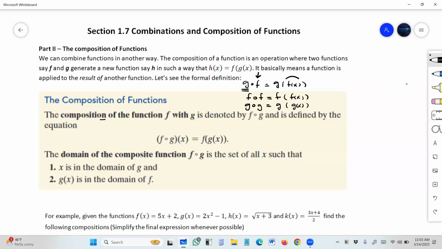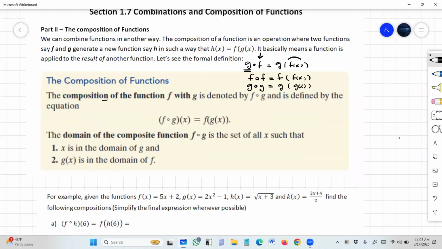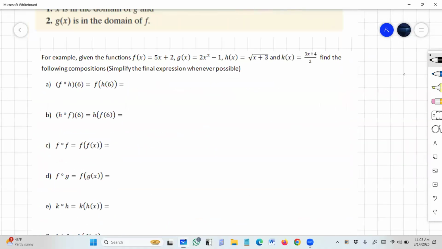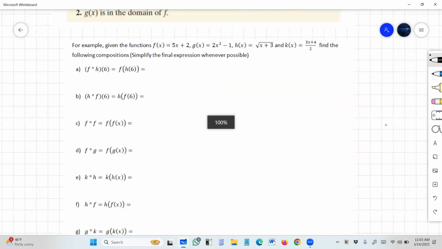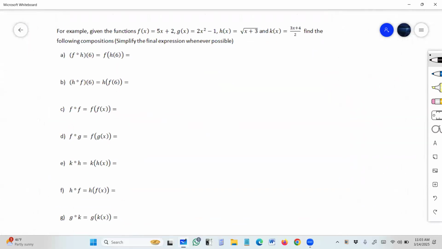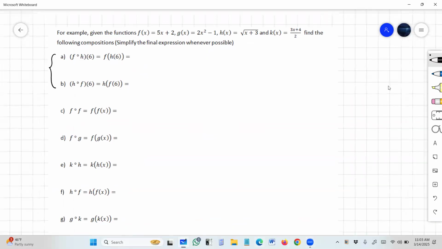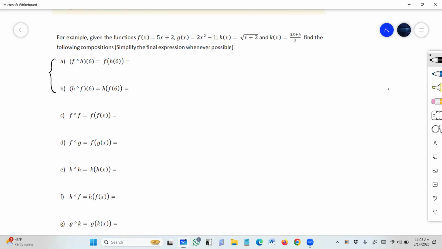All right, now let's take a look at some examples. I've divided them into two types. First, we're going to take a look at when we evaluate a composition at a particular point.